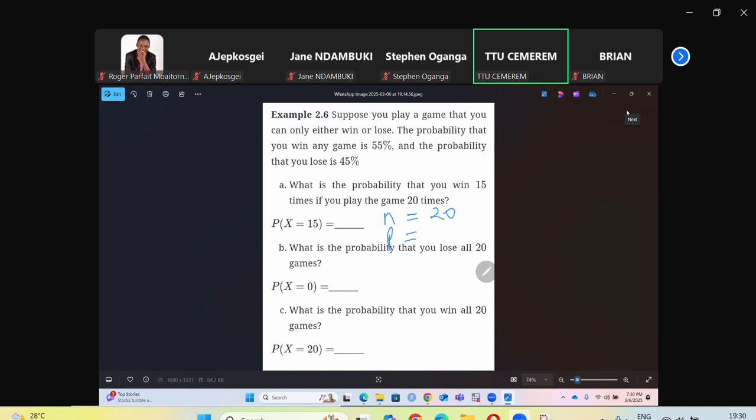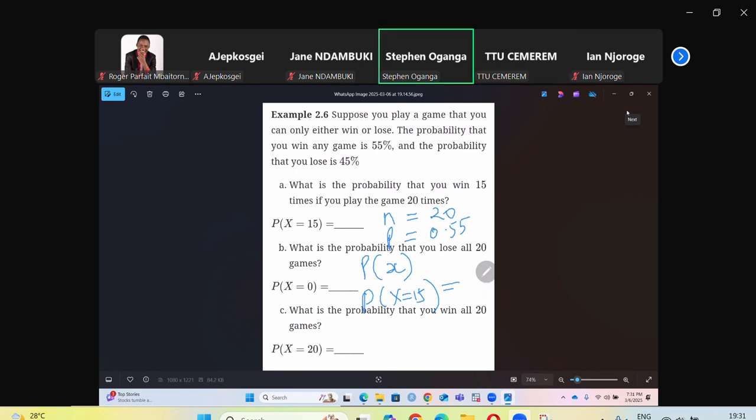So the probability of winning is 0.55. Then we are looking for probability of x. What is our x here? 15. So we are looking for probability of x equal to 15. Is that okay?